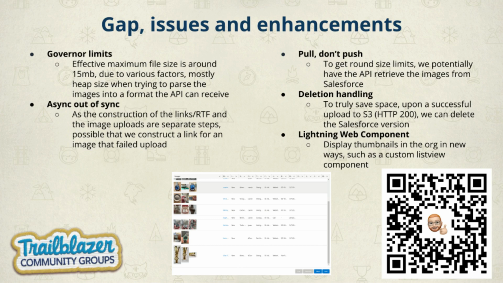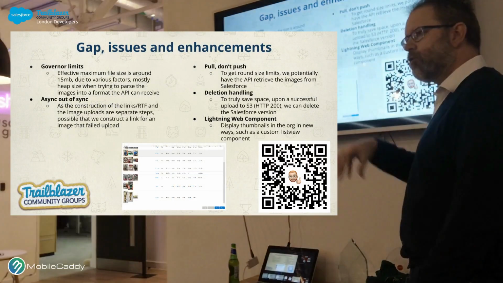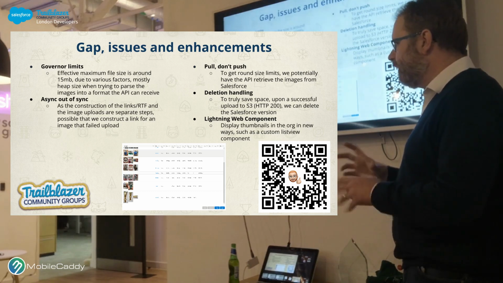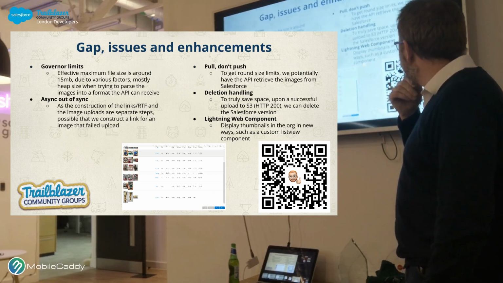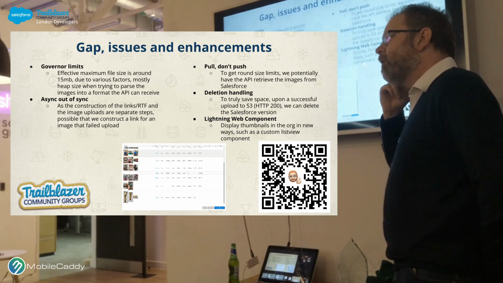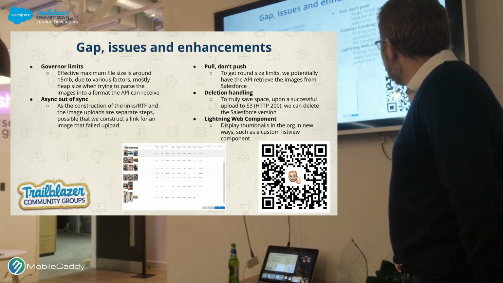To get round that size limit, potentially we could send a message to the API saying, go and fetch this image, and then you're not subject to that, because all the construction of that URL and the building of the links is done on the AWS side, where we don't have governor limits per se. I mean, there are limits, but they're far more generous than Salesforce's ones.